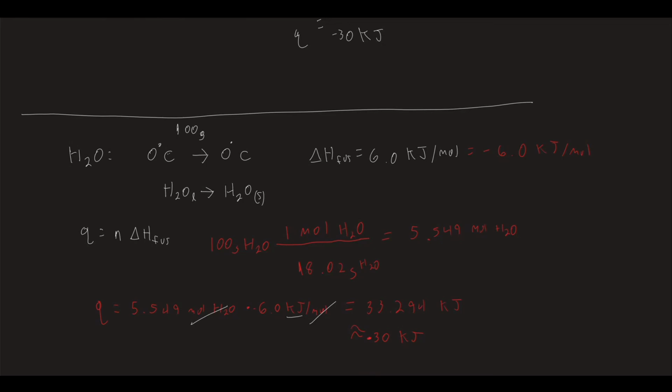So yes, make sure to always look at your units. A lot of the times you'll look at your units and catch a mistake that you made, like I just did. So we see that in both of these cases, we are giving up energy to the surroundings. That's why the kilojoules or the energy is negative.